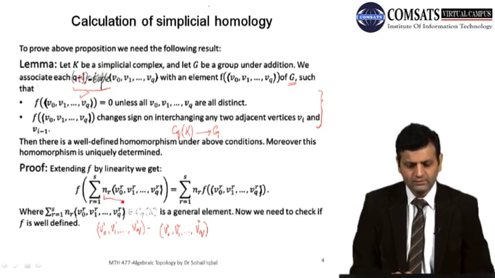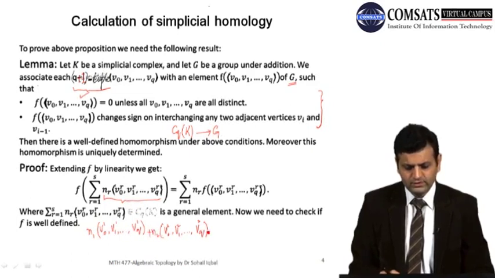If I have a combination of these, for example N1 times this tuple, N2 times this tuple, up to so on, and NS times V0S up to VQS, then I can extend F, this way of associating a Q plus 1 tuple to an element of G, to this integer combination of Q plus 1 tuples, so that F acts in a linear way.